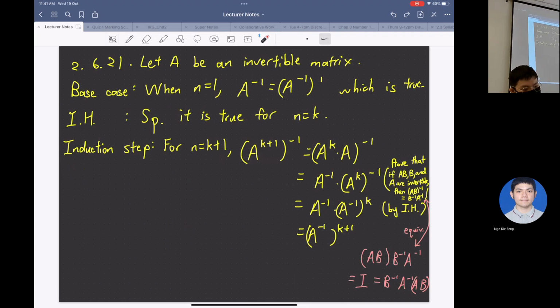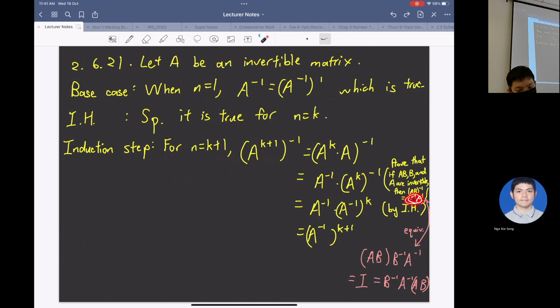And then I include this 2.6.21 because I want to show you the power of proof by induction. Even with matrices, you can prove by induction. But in the middle you need an extra step, or you need to prove a lemma first: if A and B are invertible, then the inverse of AB is B inverse A inverse.